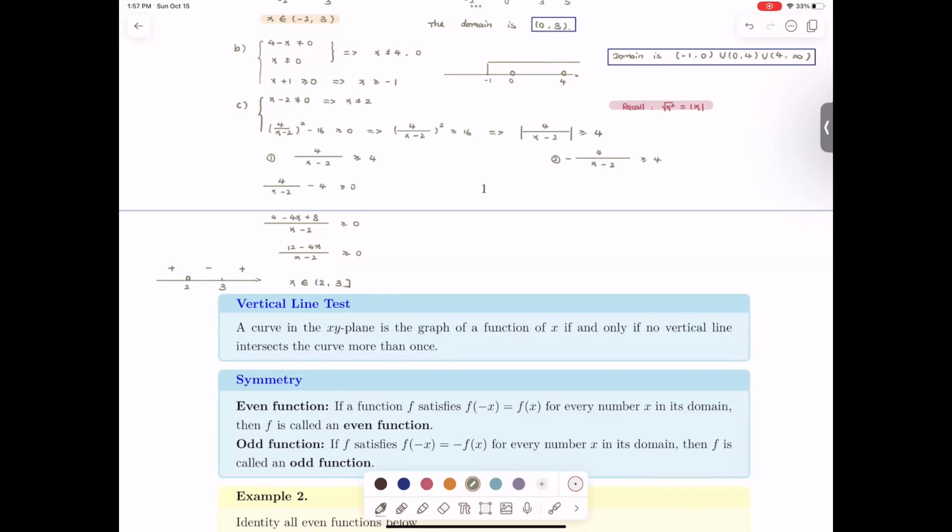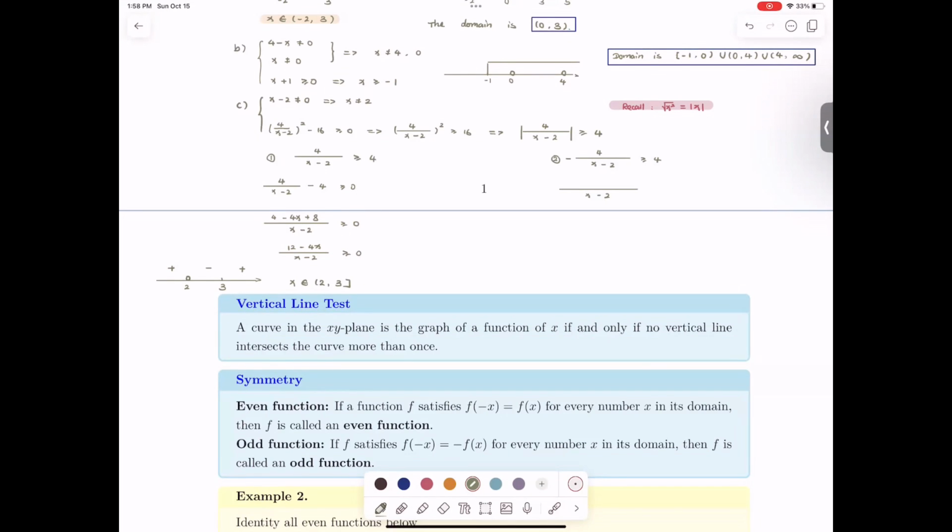Again, we're gonna move 4 to the other side. Actually, I'm gonna move this to the other side because this is negative, right? So that's better. We don't want negative value. So x minus 2. This time you're gonna have 4 less than 0.